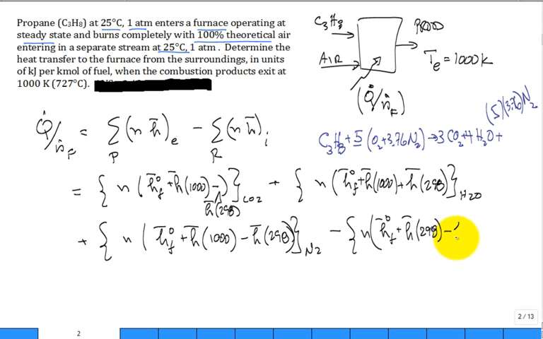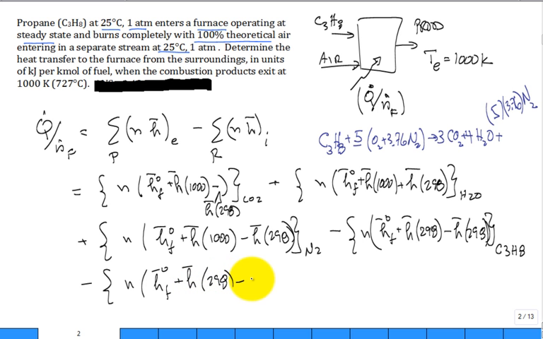And the reference is 298. And this is for, let's do the fuel first, C3H8: minus n, enthalpy of formation plus molar enthalpy at 298 minus molar enthalpy. Why don't you just cancel some of these terms, Professor? Oh, I don't know.